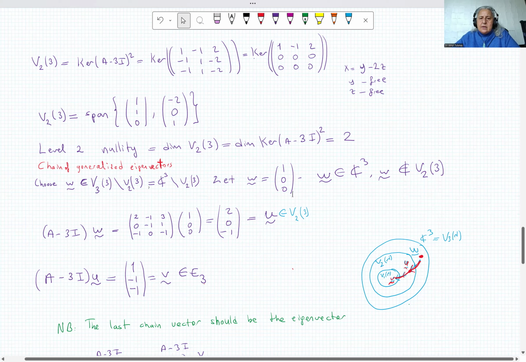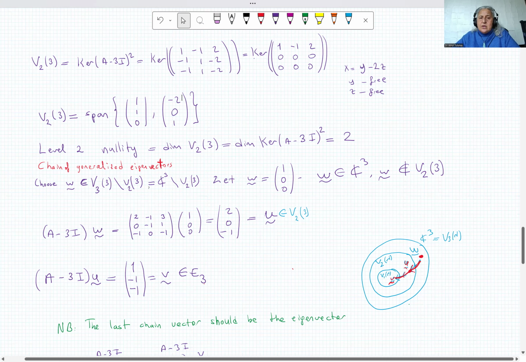W in this case can be taken as 1, 0, 0 because 1, 0, 0 is linearly independent with these two vectors. Then we apply the operation A minus 3I to this vector. We found 2, 0, minus 1. And 2, 0, minus 2 will be in the vector space V2, and we exactly found this one.